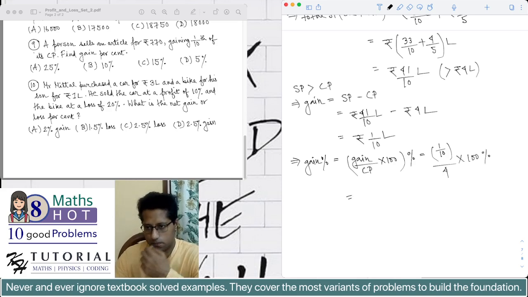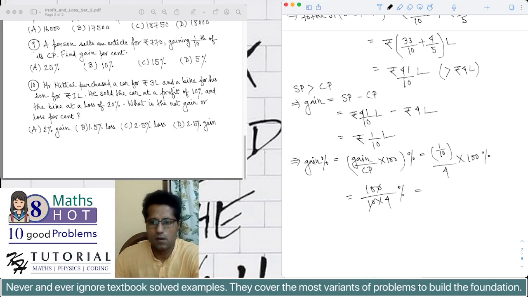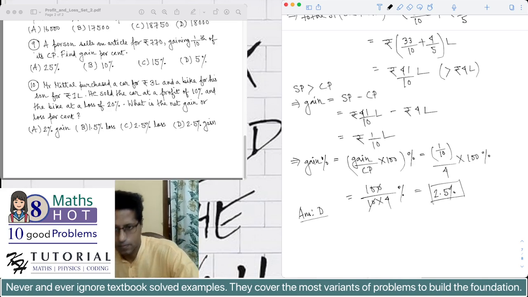This is equal to 100 by 10 into 4 percentage. This is equal to, cancelling, 10 by 4, which is 2.5%. So there is a gain of 2.5%, and hence the correct choice is D. D is the correct choice.